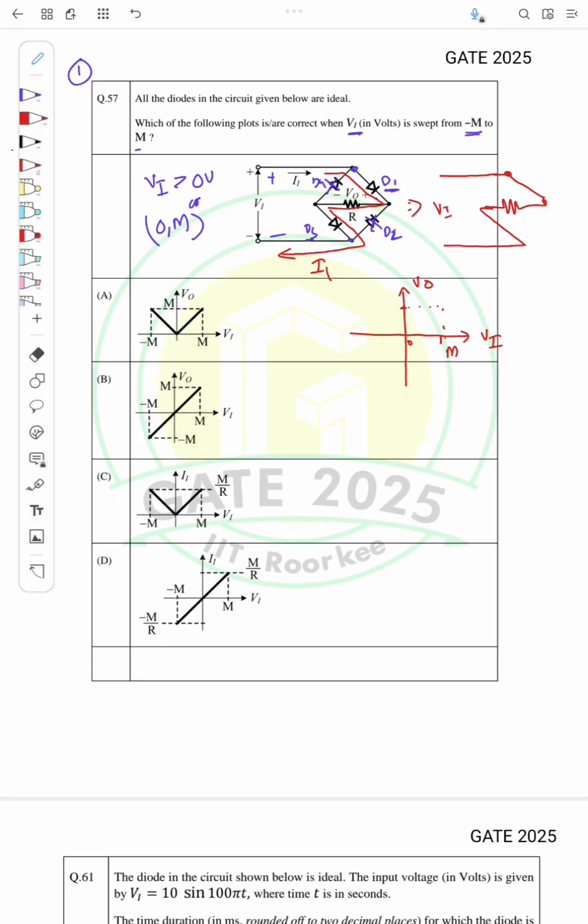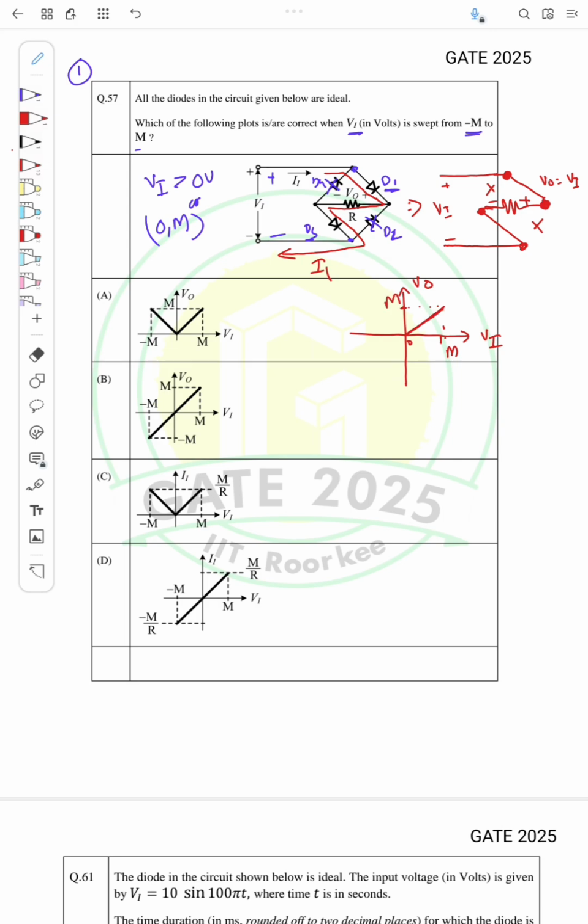So this is Vi, the other path is off. So this node is this node, and this node corresponds to this node. So what is the voltage V0? V0 will be equal to Vi itself.